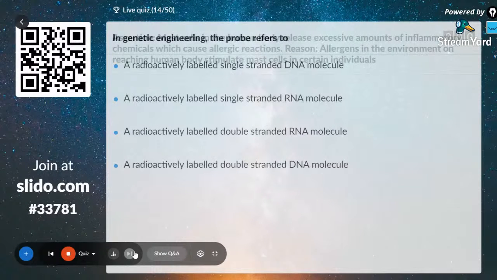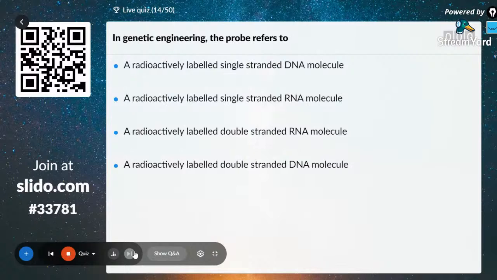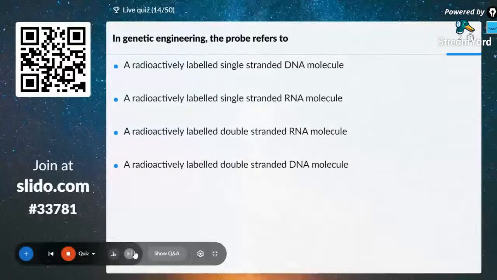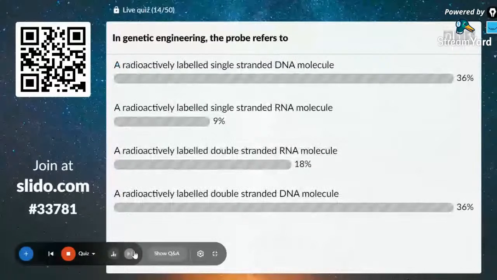In genetic engineering, the probe refers to. They're asking about the probe. In genetic engineering or biotechnology, the term probe refers to a radioactively labeled single-stranded DNA molecule, a radioactively labeled single-stranded RNA molecule, a radioactively labeled double-stranded RNA molecule, and a radioactively labeled double-stranded DNA molecule.